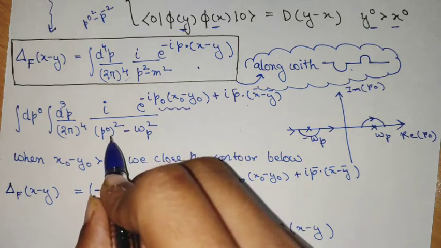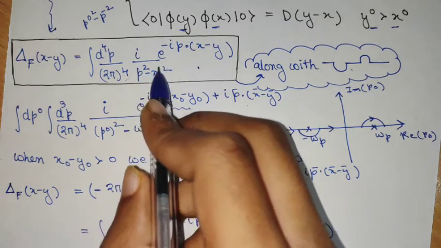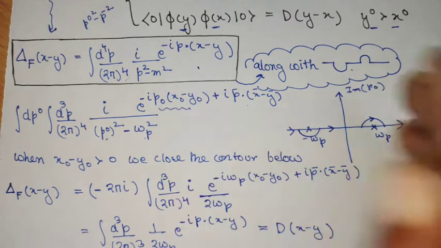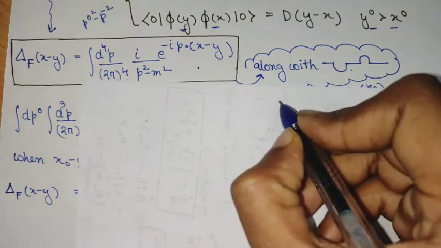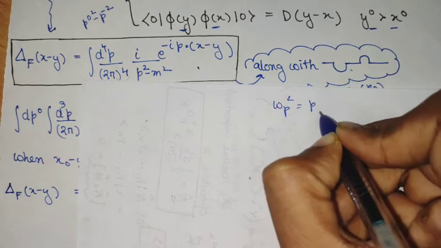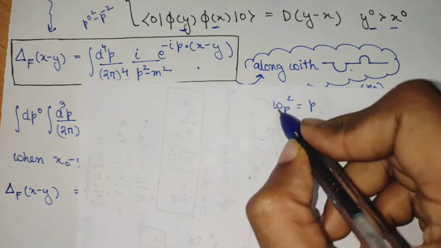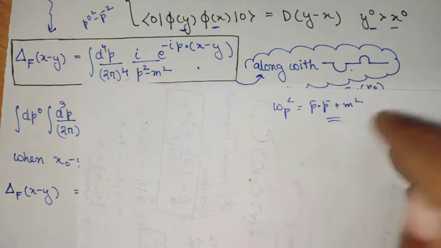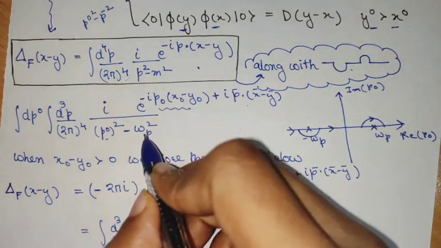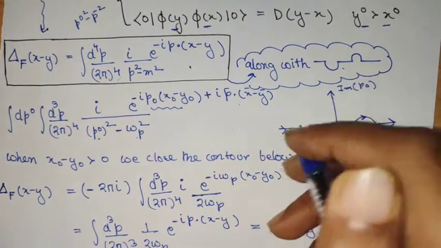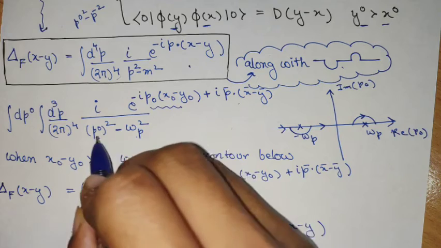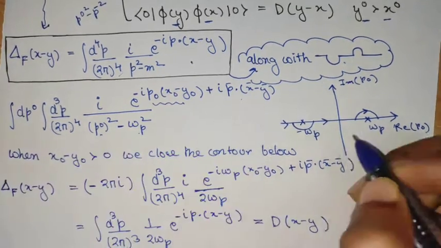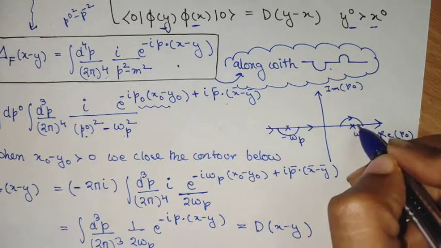Now in the denominator, this can be written in the form of p0 squared minus omega_p squared, where omega_p squared is what we have been using, p dot p plus m squared. So with this we have this entire thing, and now we see that there are poles on the integration axis of p0, at minus omega_p and plus omega_p.